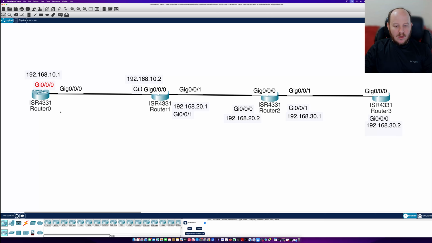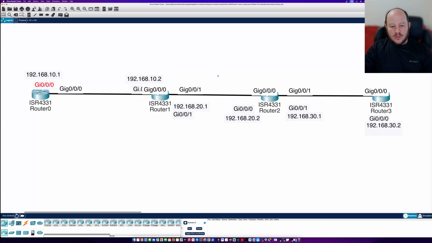However, it does not know about the .20 or the .30 subnets, between routers 1 and 2 and routers 2 and 3. The other way for a router to learn about other subnets is through static routing or dynamic protocols.